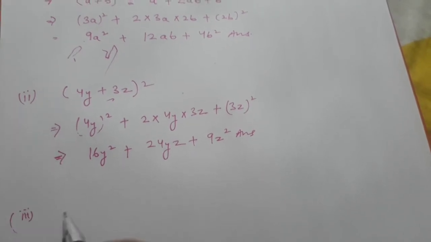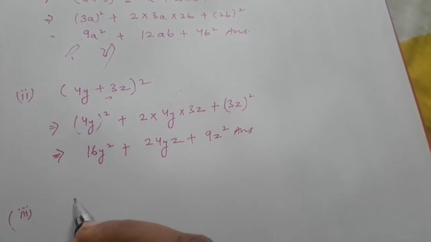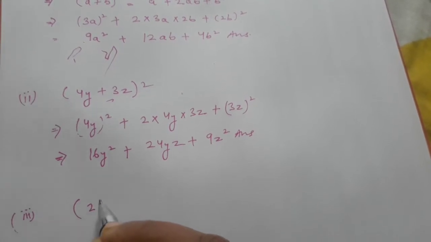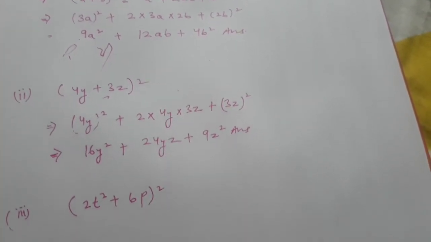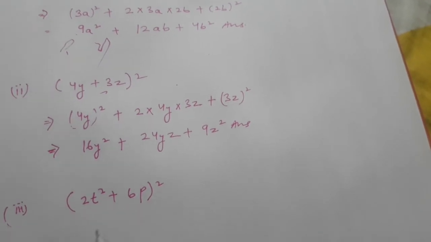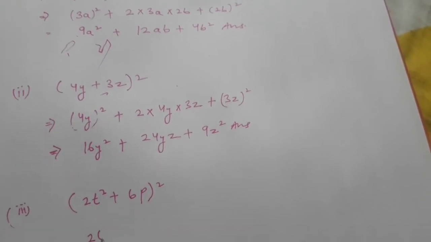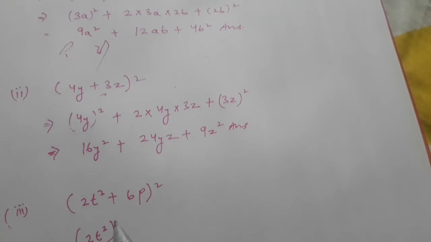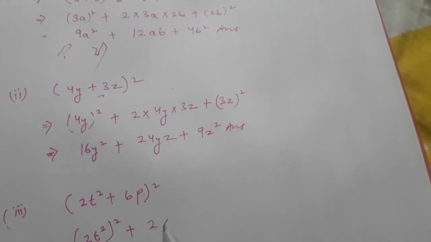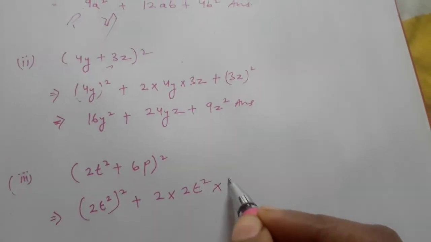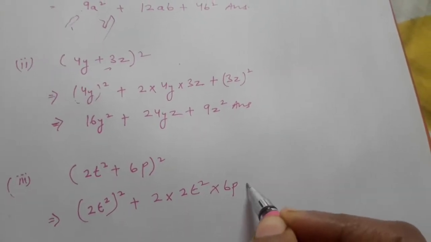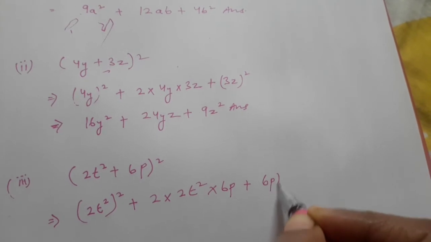Let's move to the third part of question number 3, which is 2t square plus 6p whole square. According to the identity, a square is already 2t square. So 2t square whole square plus 2 into 2t square into 6p plus 6p whole square.